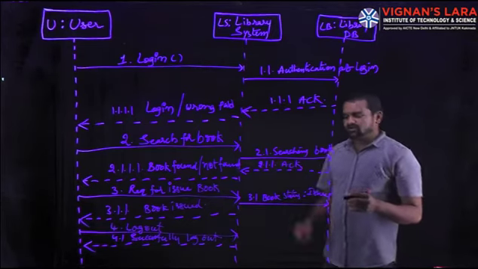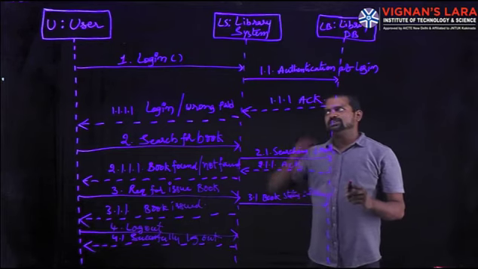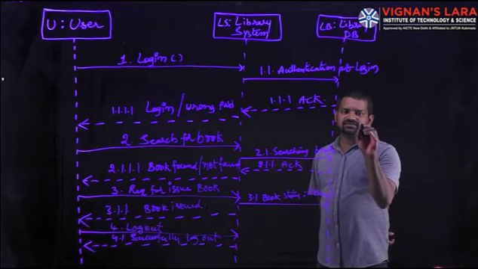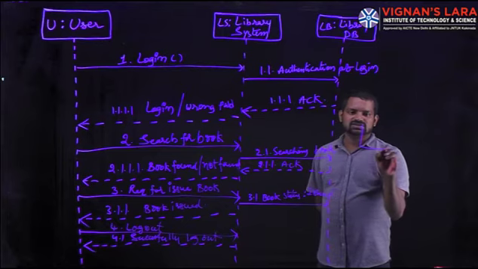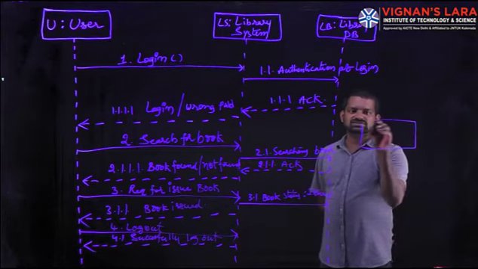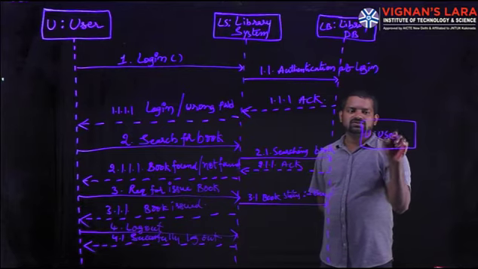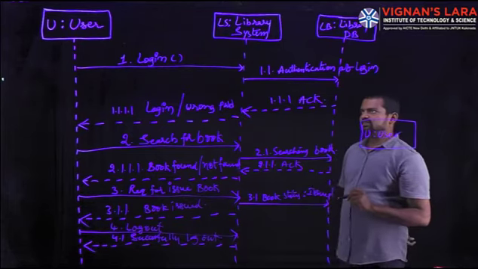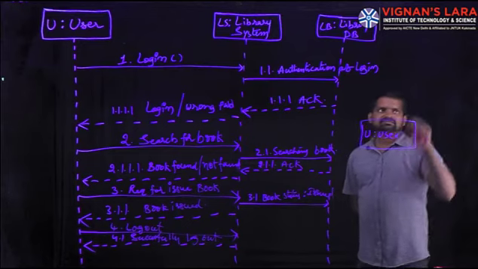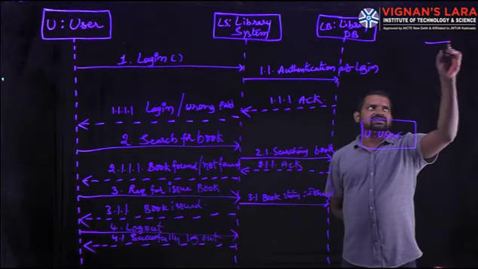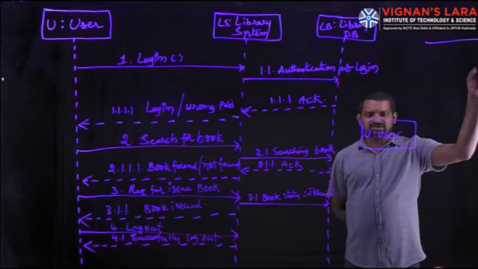See how to draw the collaboration diagram. How many objects exist? Draw all the objects. First one, user. Second object, library system. You draw the library system here.